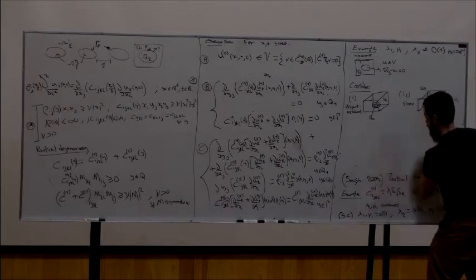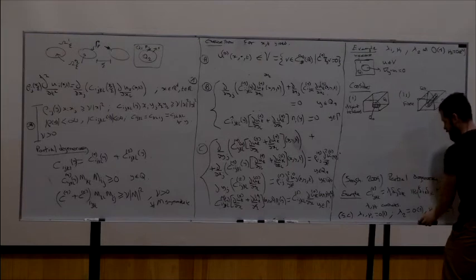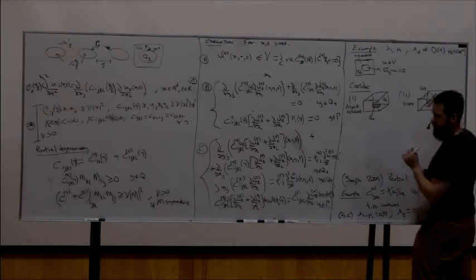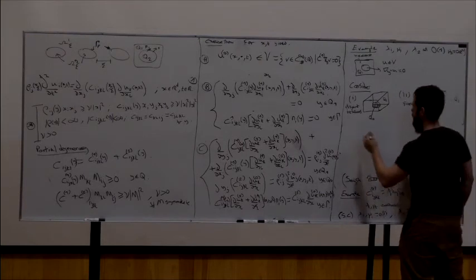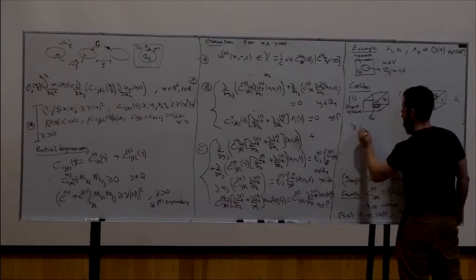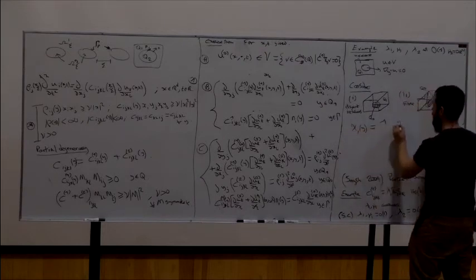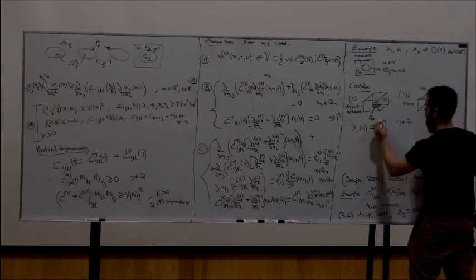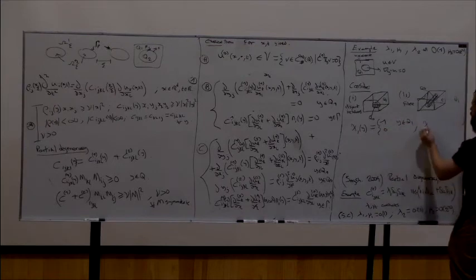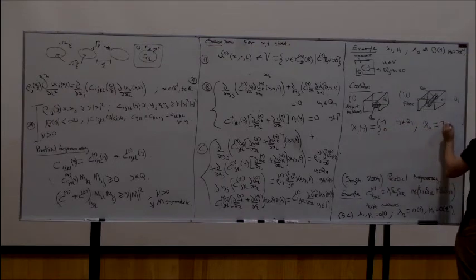And let's pick a special form of C1. So chi1 is the characteristic function of Q1, and chi0 is the characteristic function of the inclusion Q0.